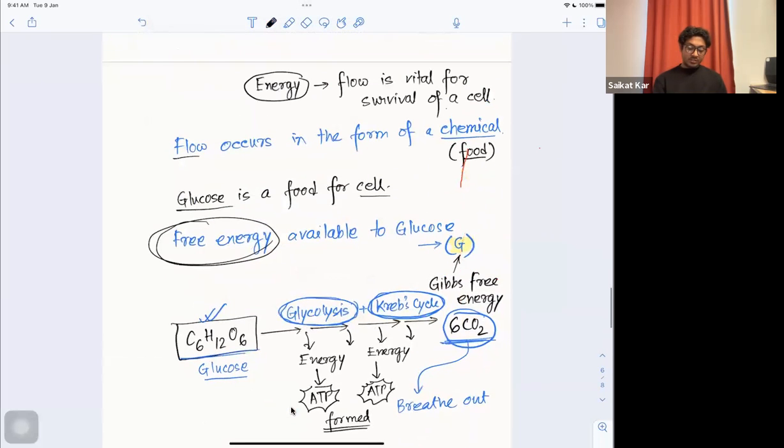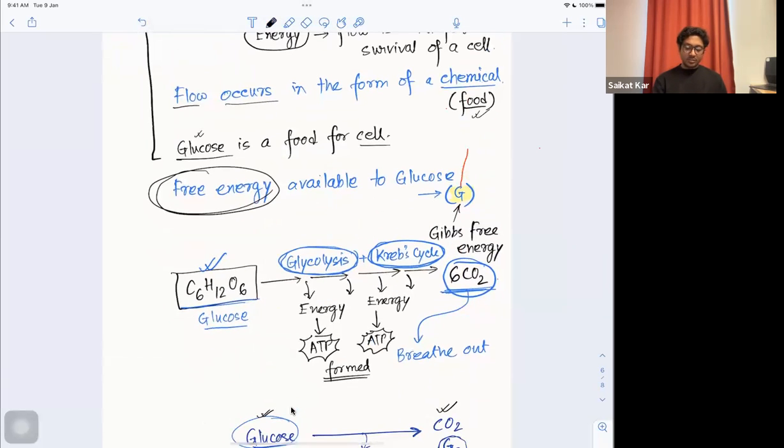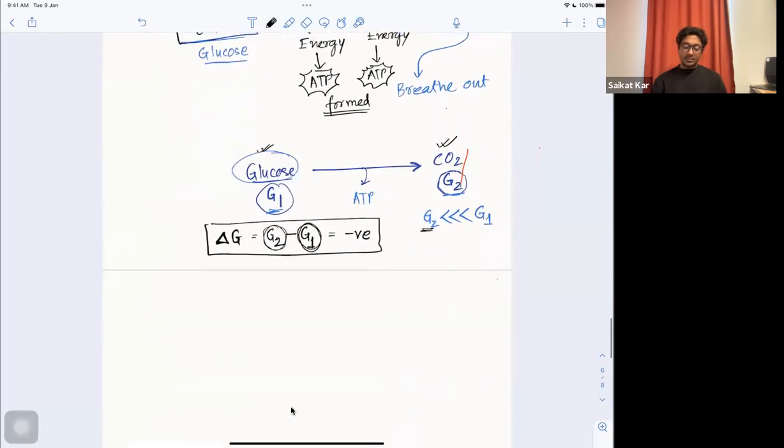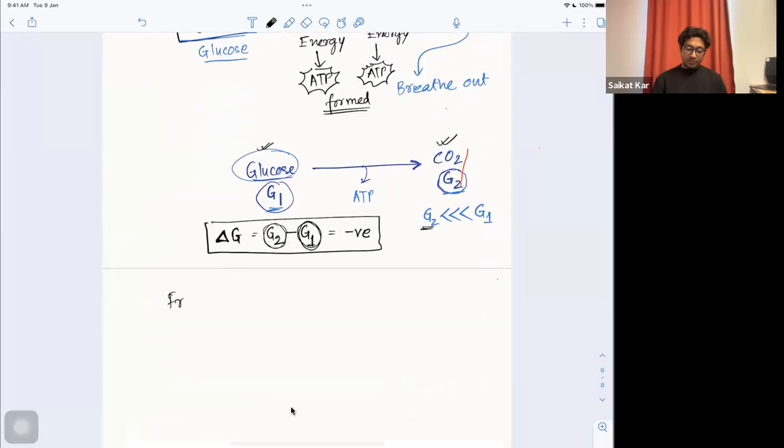Okay, so we are just summarizing that energy flow occurs in the form of a food, and the food, say glucose is a food for the cell, glyceraldehyde is a food for the cell. So for any reaction to occur, the free energy of a reaction or of a whole process always tends to decrease, following the law of thermodynamics.